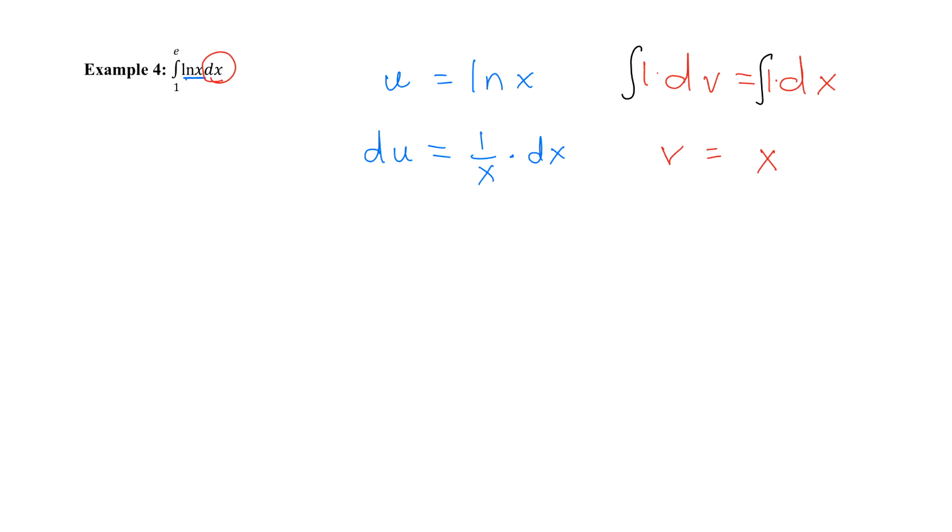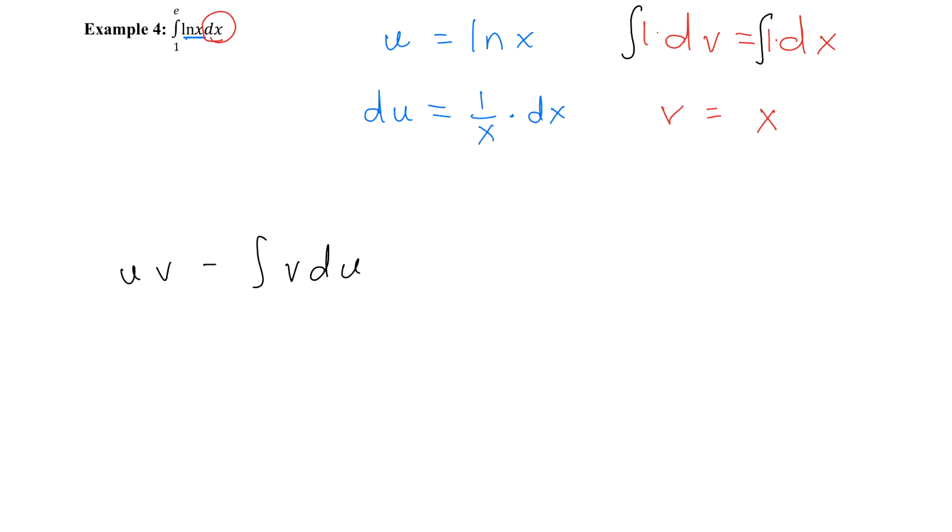So we have our integration by parts all set up right here. Let's go ahead and write down our formula: u times v minus the integral of v times du. So let's plug in what we know.